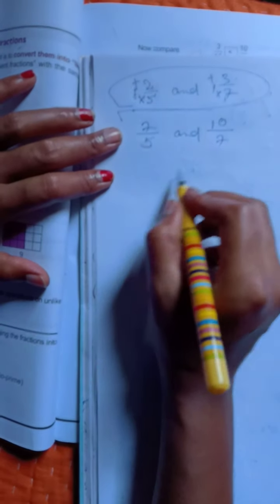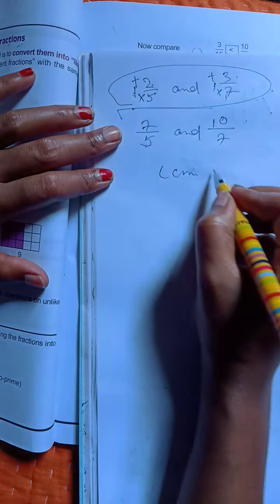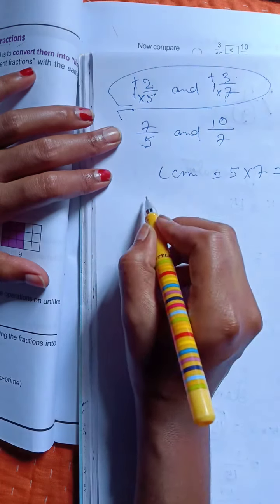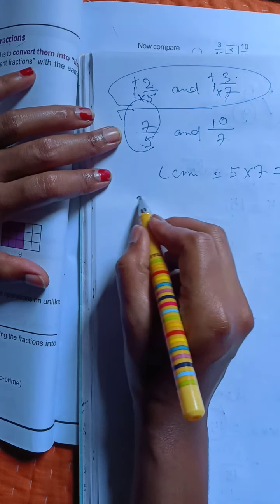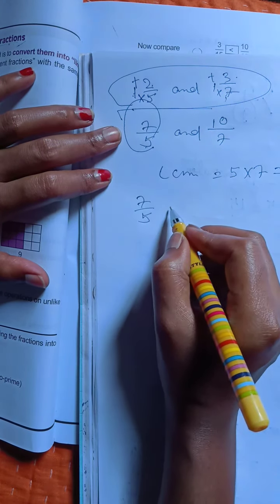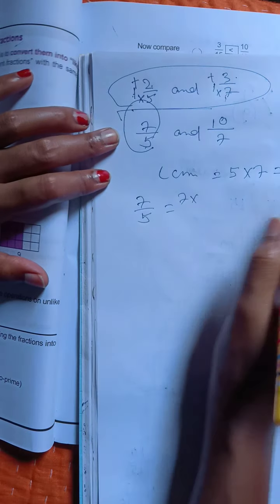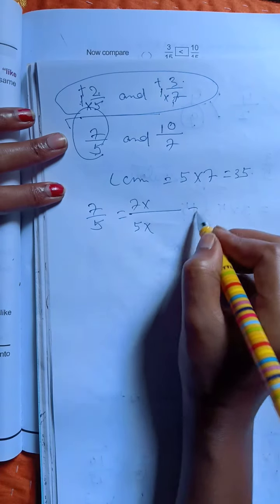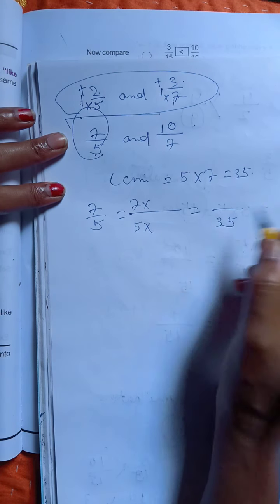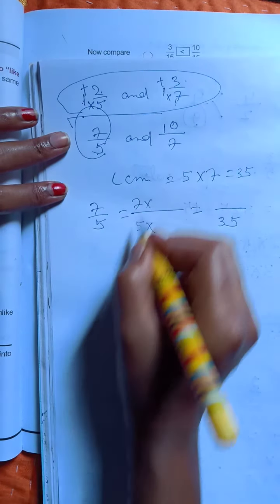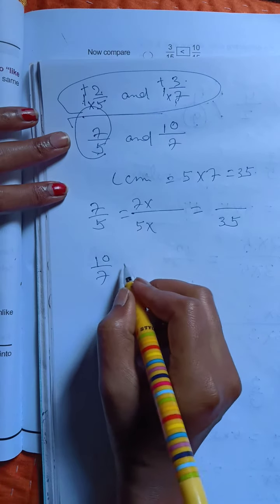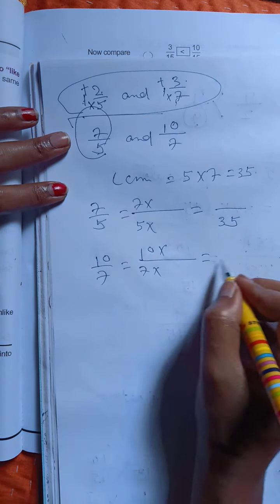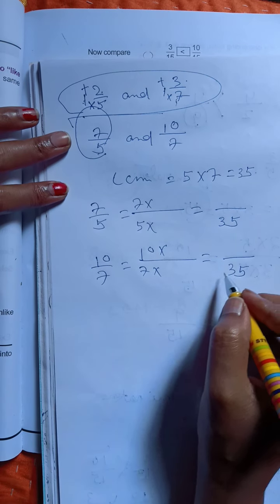Then now you find the LCM of 5 and 7. 5 7s are 35. Then you write 7 by 5 is equal to 7 into something by 5 into something, where 35 is your denominator. Then 10 by 7 is equal to 10 into something by 7 into something, where 35 is your denominator.